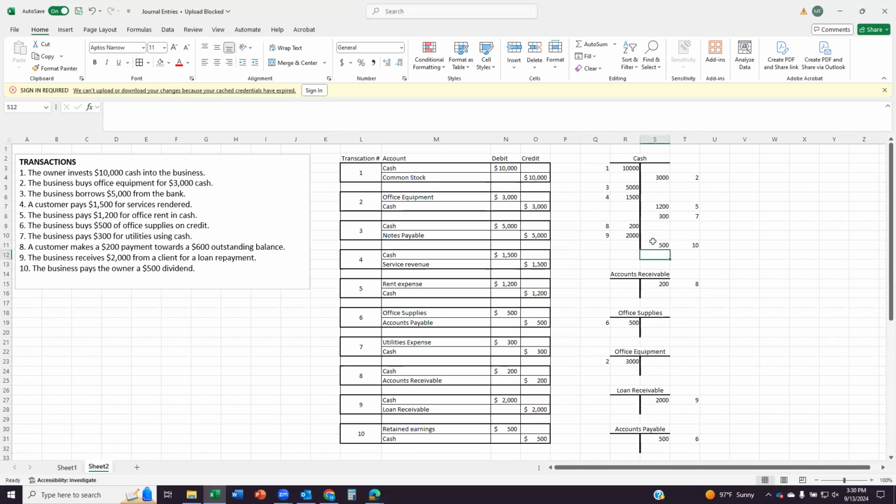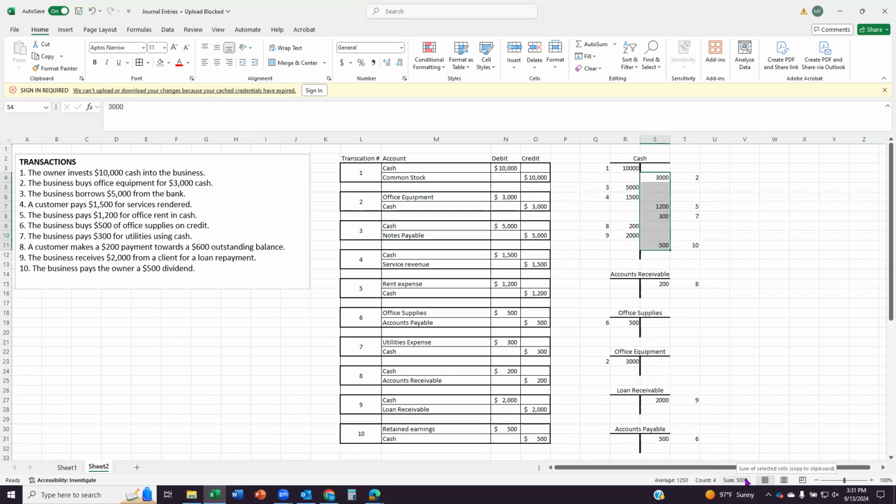All right, so now that we've posted all of our journal entries over into our T account ledgers, we're ready to find the balance of our ledgers. So when we have multiple transactions like this, what we have to do is figure out the balance by adding up both sides. With Excel, it's pretty nice because I can just highlight it and I can actually see the sum, which means the total of 18,700 on the debit side and 5,000 on the credit side.